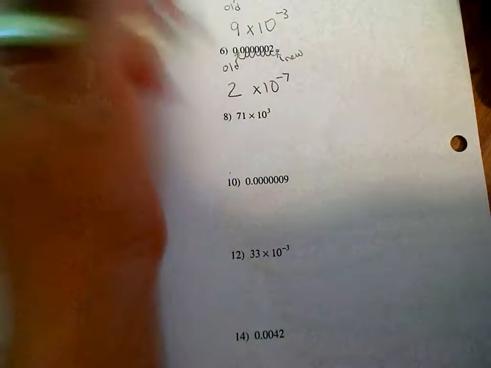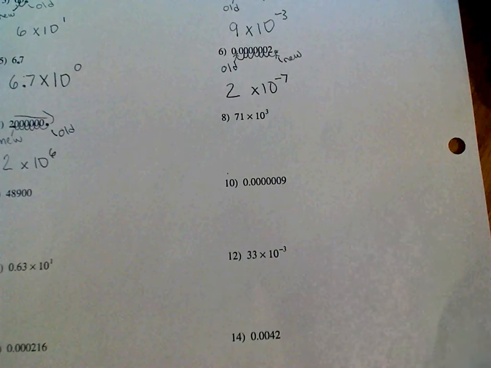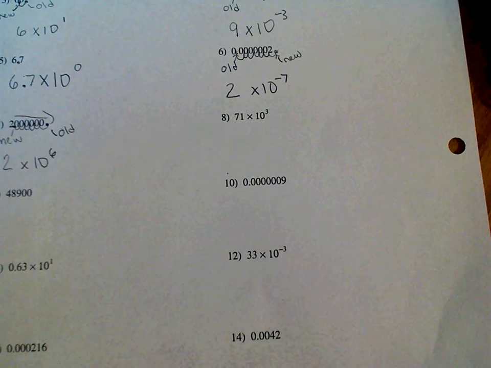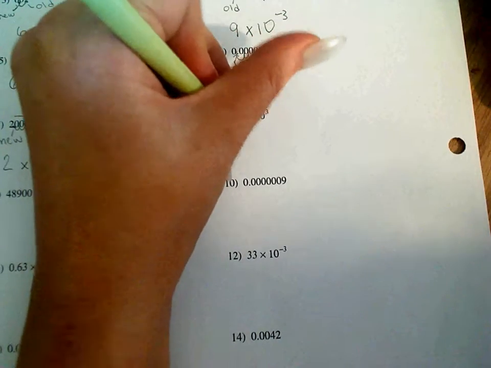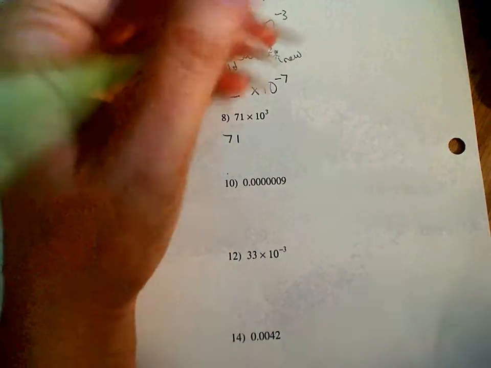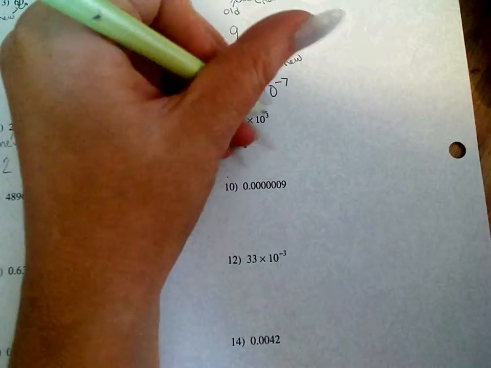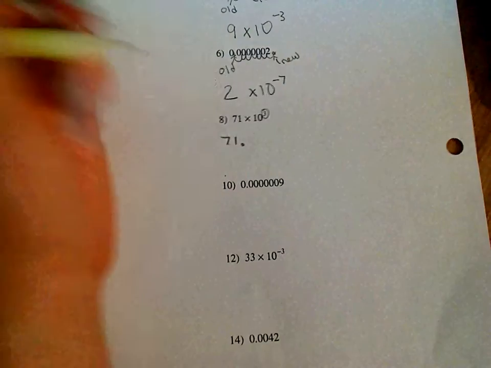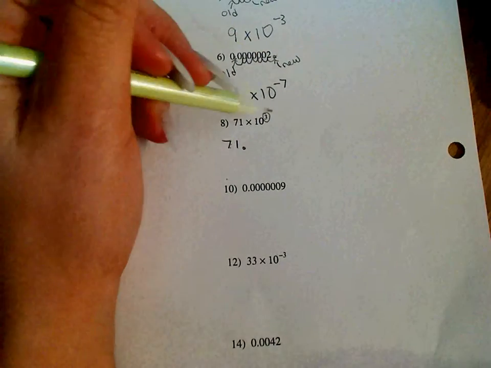Okay, number 8 is in scientific notation, but it's not in scientific notation the right way. So right now this is a 71. It's supposed to be a 7.1. So we're going to move the decimal over, and we're just going to adjust the exponent by adding 1 or subtracting 1 from it.